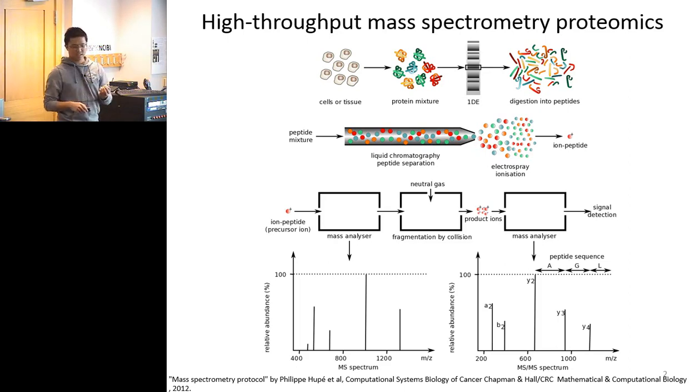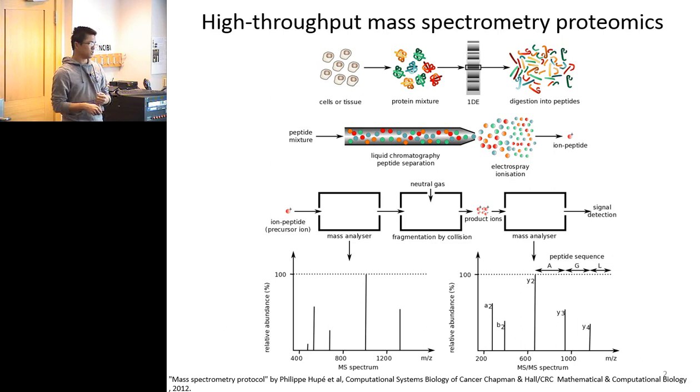But the only thing the mass spectrometer knows is the molecular weight. If you detect something at, say, 900 Dalton, you don't know the peptide composition, because many different amino acid compositions can be 900 Dalton.